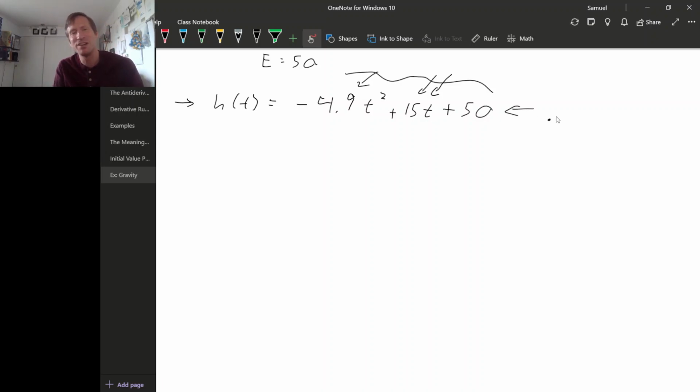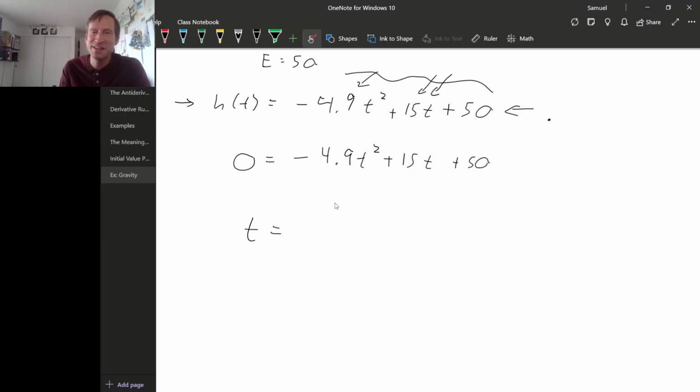The second thing we wanted to find was when the rock hit the ground. Well, the ground is height 0, so to find when the rock hits the ground, we can just set this thing equal to 0. So 0 equals minus 4.9t squared plus 15t plus 50, and then solve this equation. Well, this equation is quadratic, and the coefficients are messy, so let's just throw it into the quadratic formula.